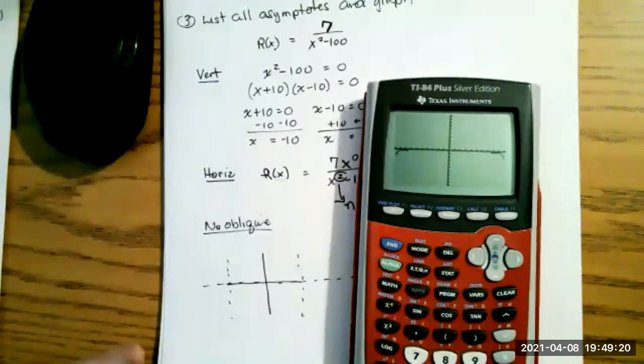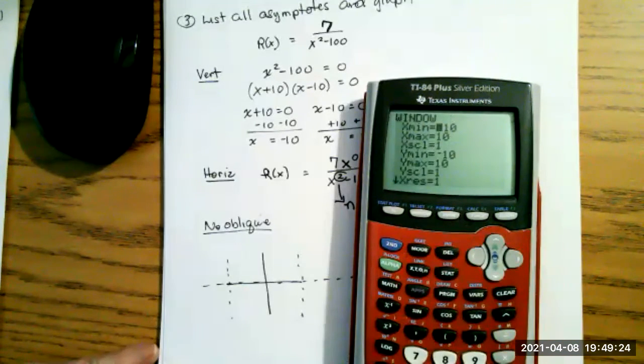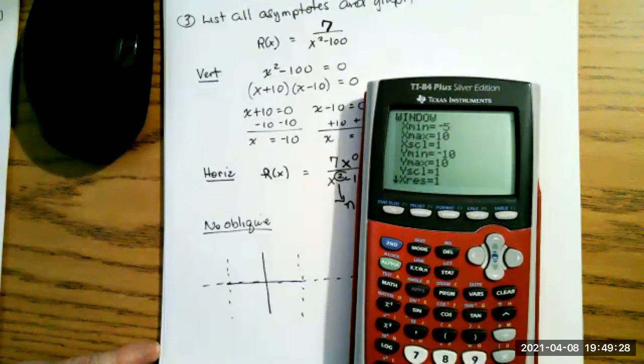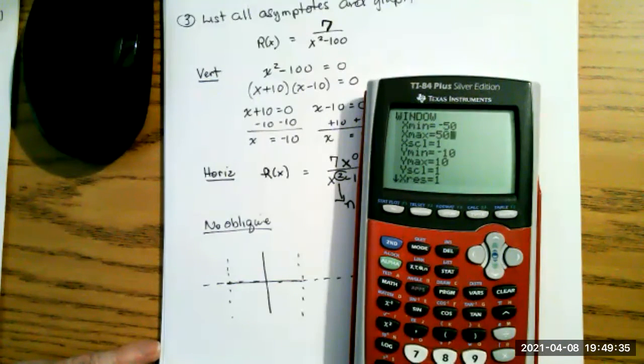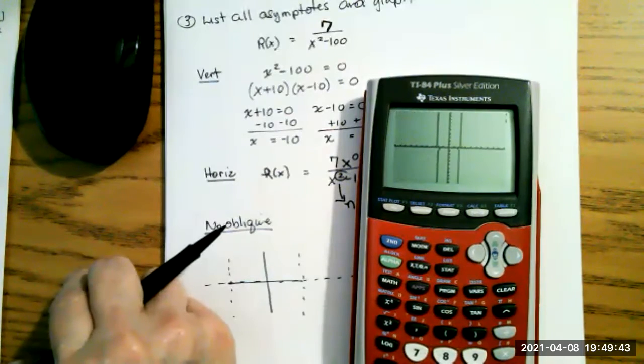Let me see if we can get a better picture if we change our window to maybe -50 and +50 and count by 5s instead. Let's see if we can get a picture of it this way. Well, sort of. Still not easy to see, is it?